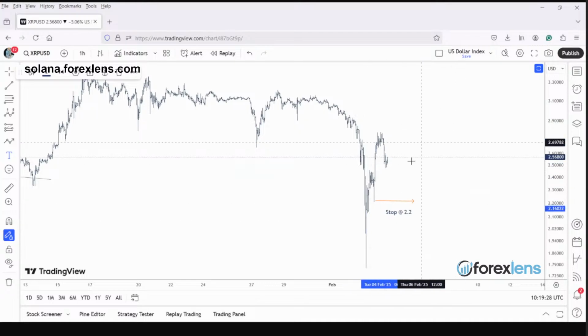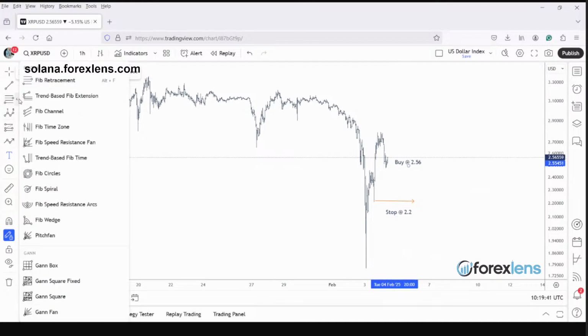Entry could be made right now, $2.56, and let's take the targets.